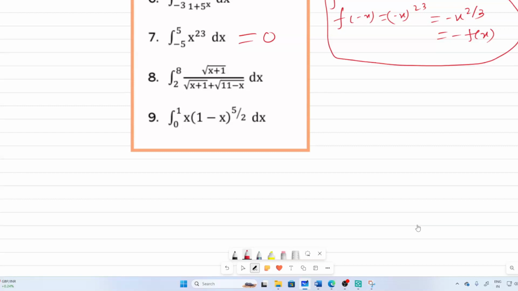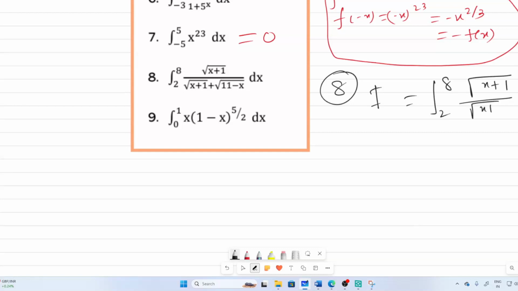So for number 8, what you are going to do? I equal to 2 to 8, square root of (x plus 1) by ... the third property, in the worksheet I have shared with you, square root of (11 minus x) dx. So what is a here? 2, b is 8, so a plus b equals 10.